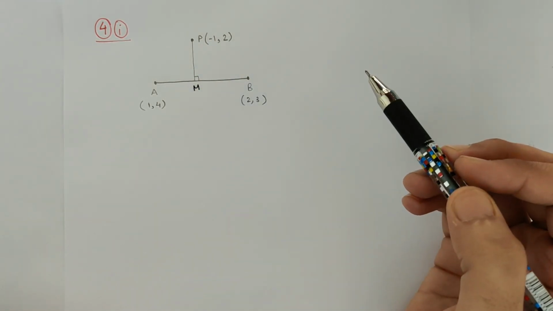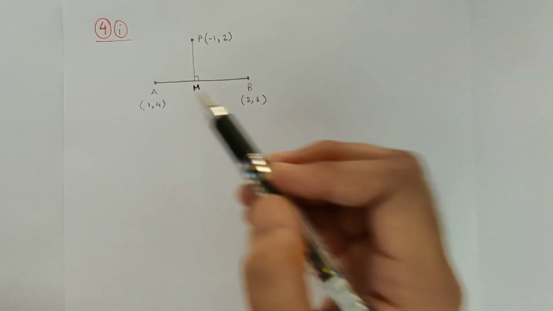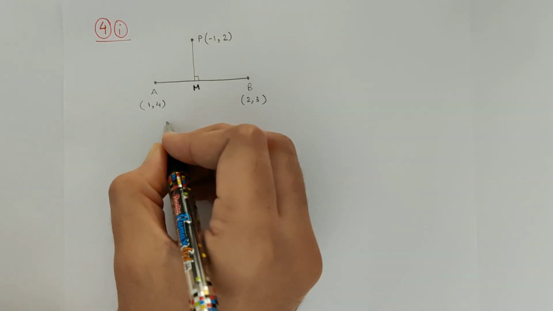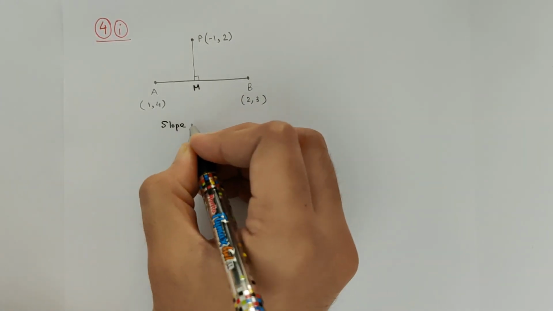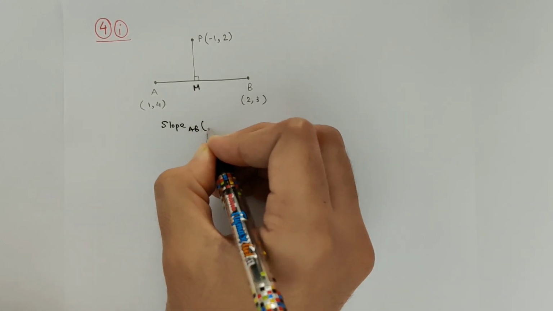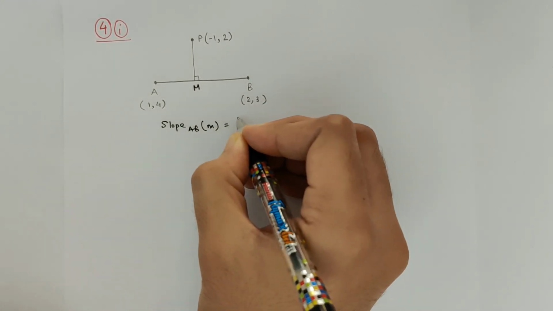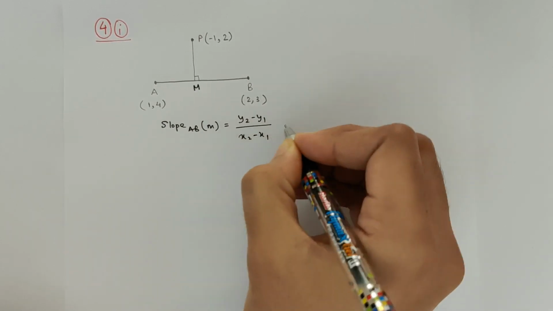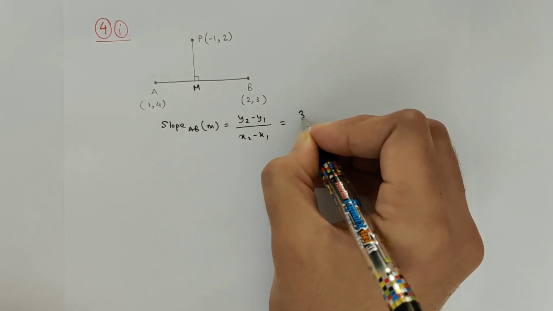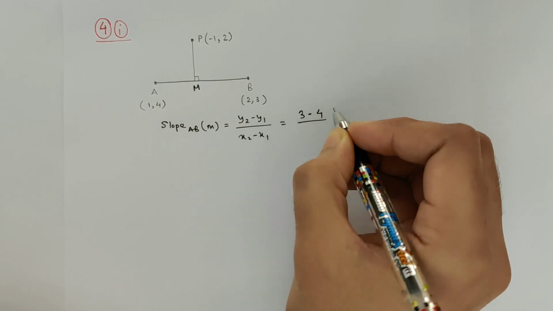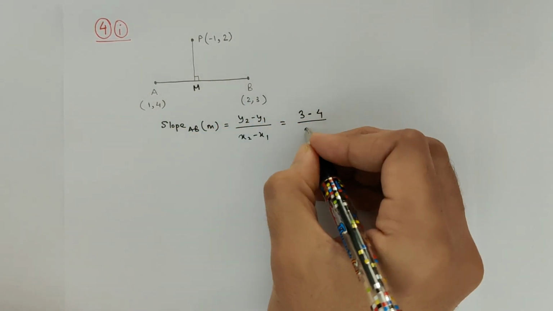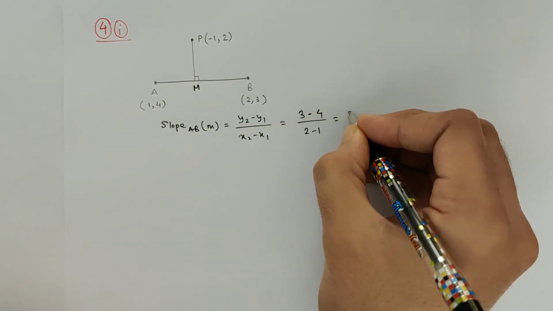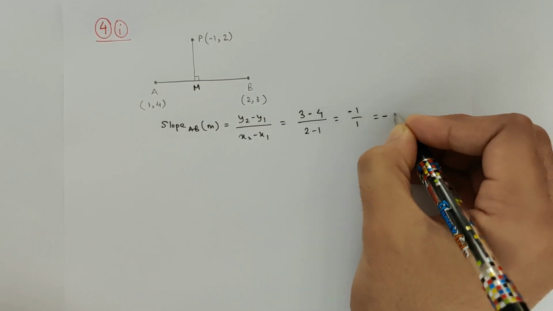What we will do is, first of all, find the slope of the line AB. So slope of AB, say small m, is equal to y2 minus y1 divided by x2 minus x1, which will be 3 minus 4 divided by 2 minus 1. So we have minus 1 by 1, which is minus 1.